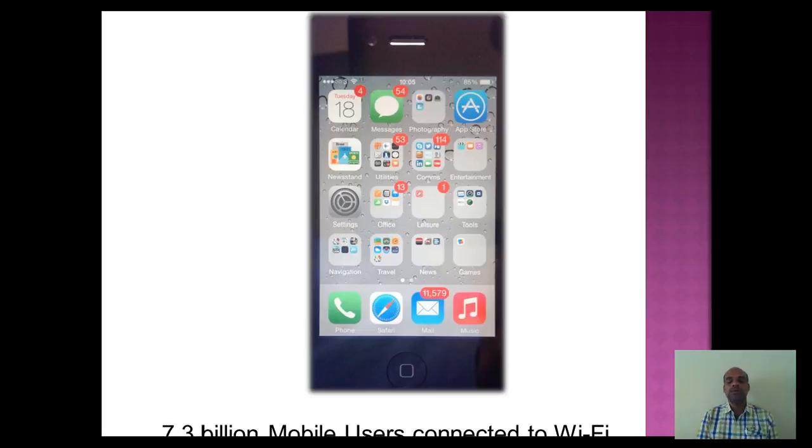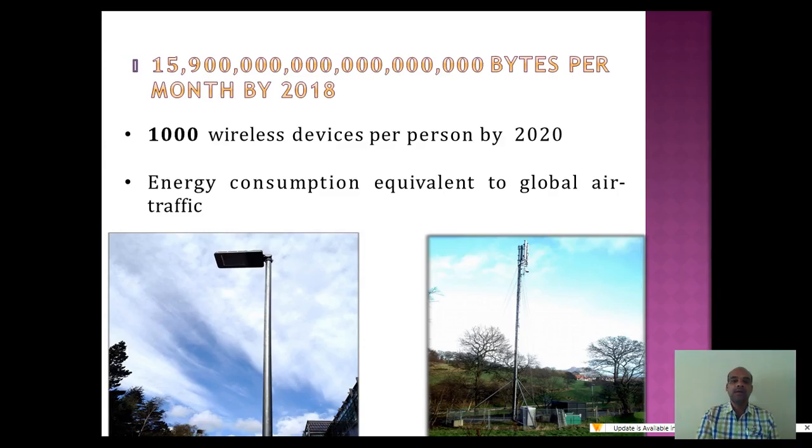So as we know, day by day the mobile users are increasing exponentially. Around 7.3 billion mobile users are connected to Wi-Fi, and around this number of bytes per month by 2018.